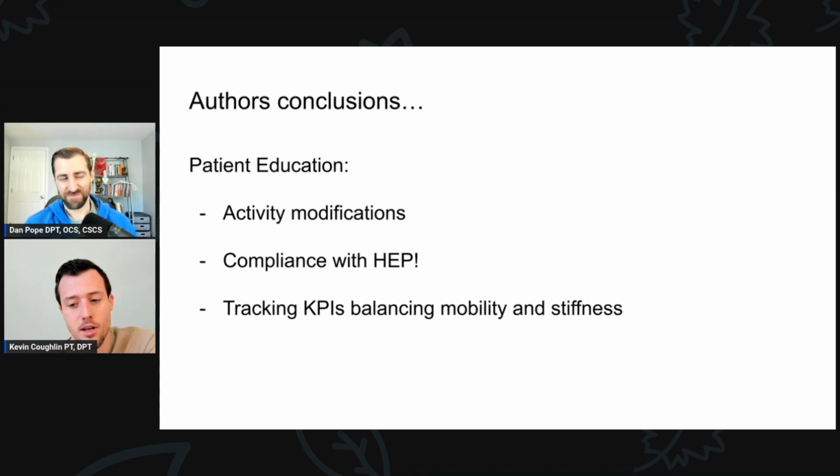He was compliant with his exercises, but I might have failed educating him, like, dude, you've got to be super careful. He had a bunch of other comorbidities, so maybe he was bound to re-tear no matter what, but really educating on activity modifications and what you should and shouldn't be doing at home.